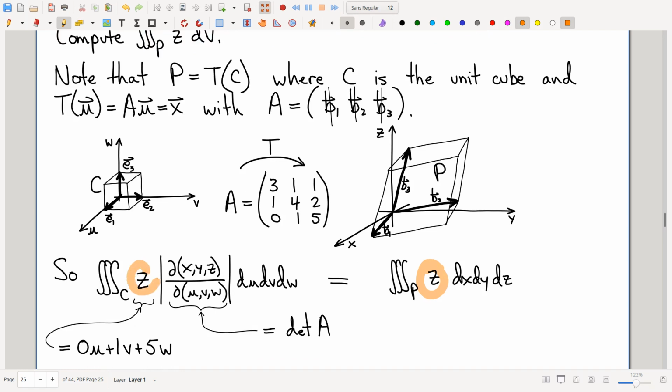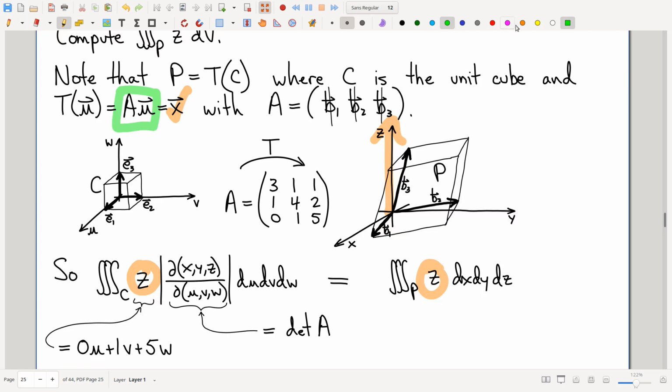This Z right here. Notice, Z is the third output of this function. That means it's the third element of that X vector, which means it is the third element of that product. And how do you multiply a matrix times a vector UVW?